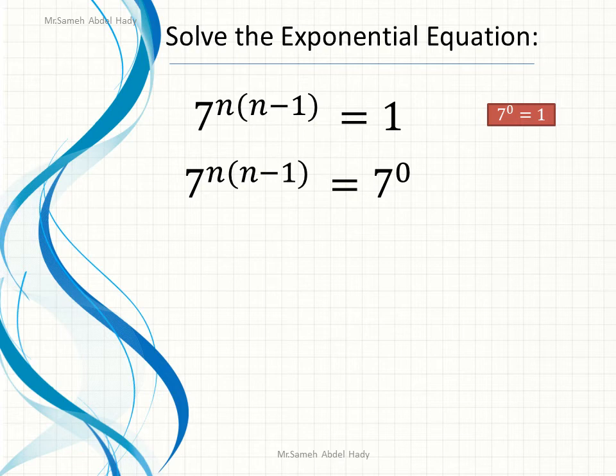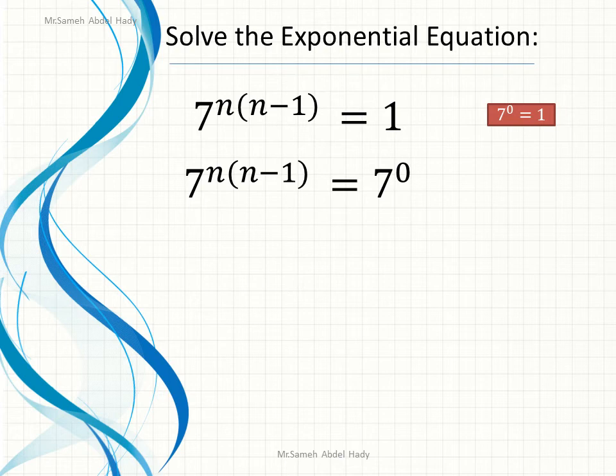So if I see 1 in the exponential equation, I have got the key to solve the equation. I can write 1 as any number in power 0. Alright. Here I have base equal base, so I can write power equals power.